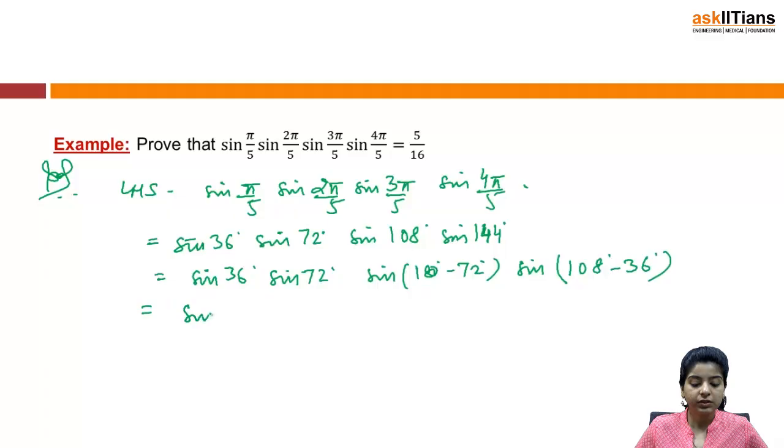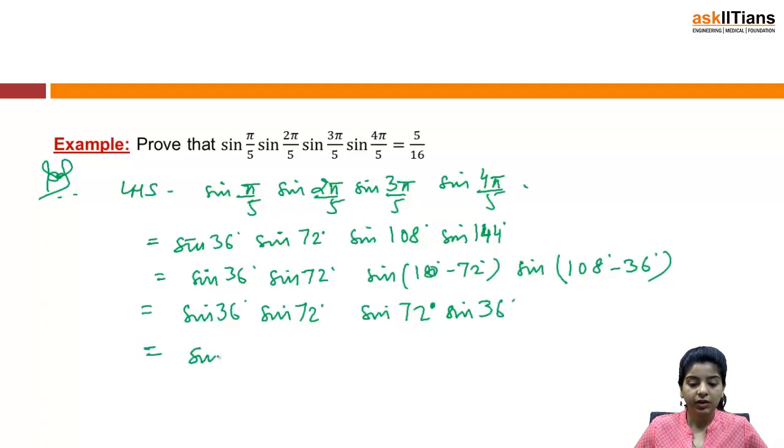So this becomes sine 36, sine 72, sine 72, because this is 180 minus theta, so the trigonometric function will remain as it is, and sine will also remain positive because this lies in the second quadrant. Then I have sine of 36 degree.